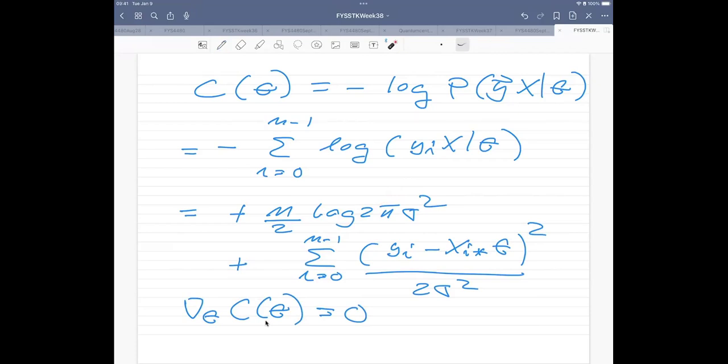So the derivative of that one is something we can just throw away before we do any calculation. Then this sigma squared is just a constant, which we can multiply away. So if I just multiply away this one, what I have here is just the mean squared error, except for a factor 1 over n. See that? It's pretty neat.